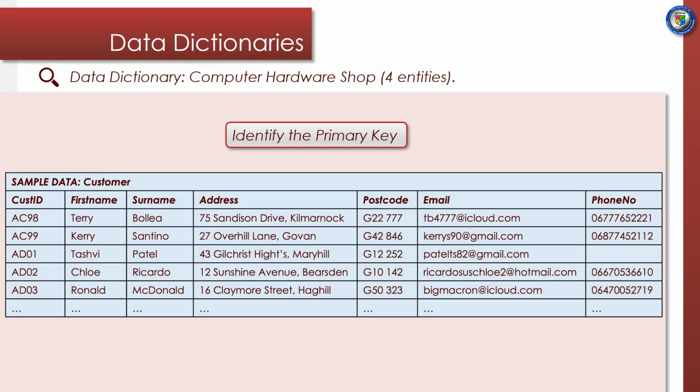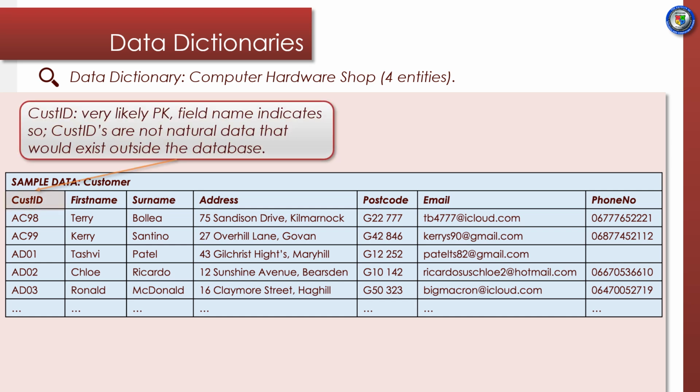We will take our first entity called customer, and the first thing we'll do is we'll identify the primary key. Now, customer ID is very likely the primary key. In this case, it is the primary key. The customer ID is not kind of natural data that we would see exist outside of the database.